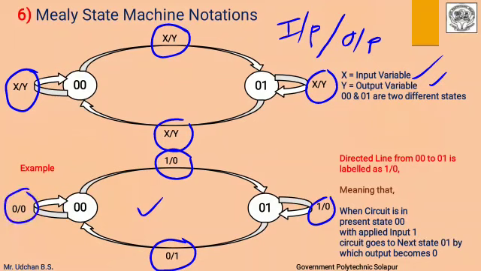In this, 0/0 is written, which means that the value of input is 0 and the value of output is also 0.